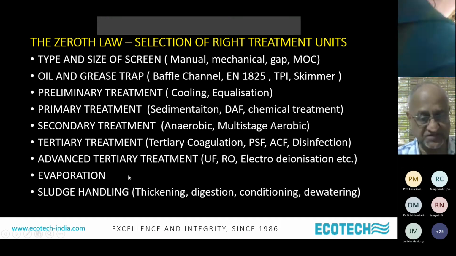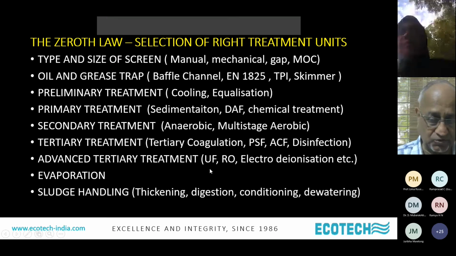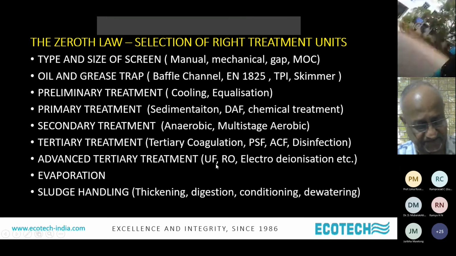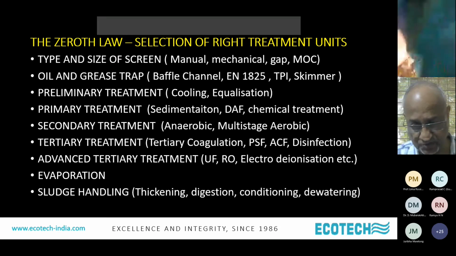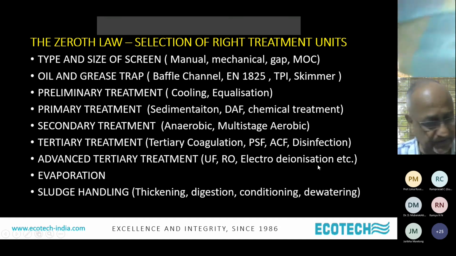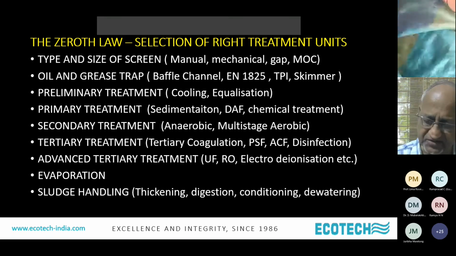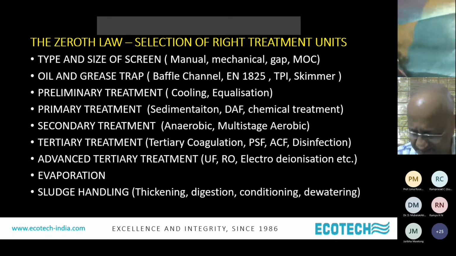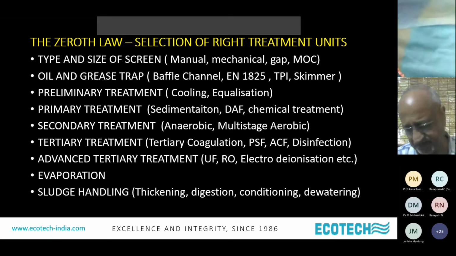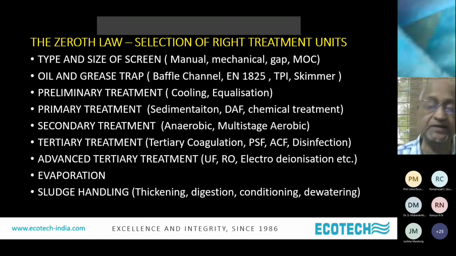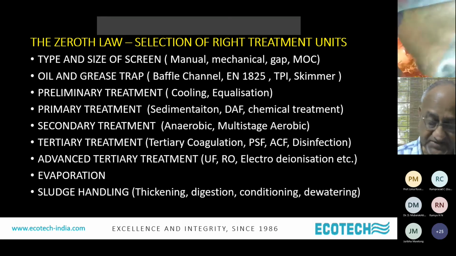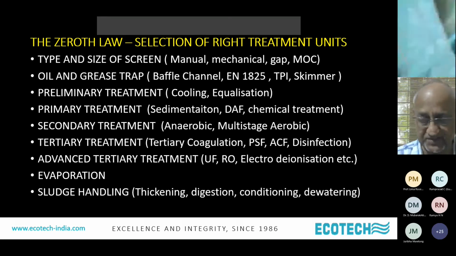And you could go for advanced tertiary treatment, where you want to go for further treatment using ultrafilter membranes, UF membranes, RO, electro deionization. When you want to get extremely low levels of TDS, you can go as low as 1 ppm, 1 milligram per liter, or 2 milligram per liter TDS, which are required in certain very complex industries.